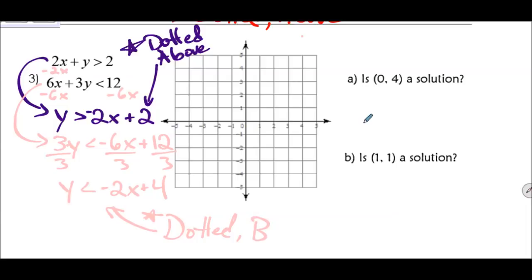So that is below that. Alright, so we got 4 as our y-intercept, and -2 is our slope. So down 2 over 1, and this one's a dotted line. And I'm going to shade below that.